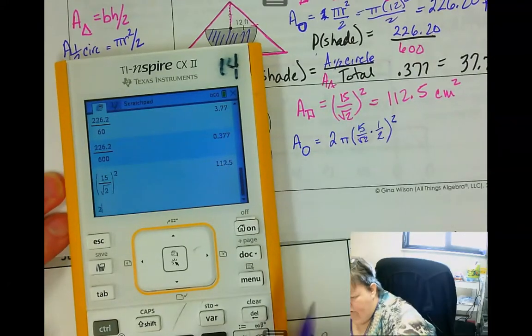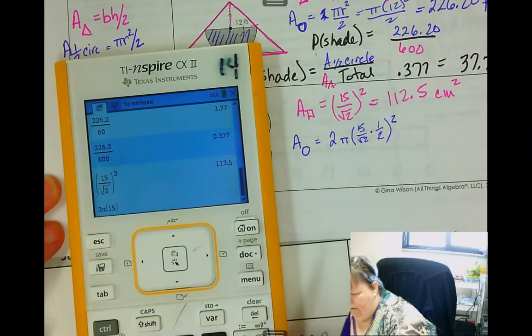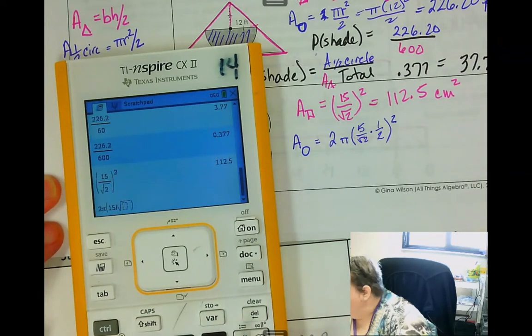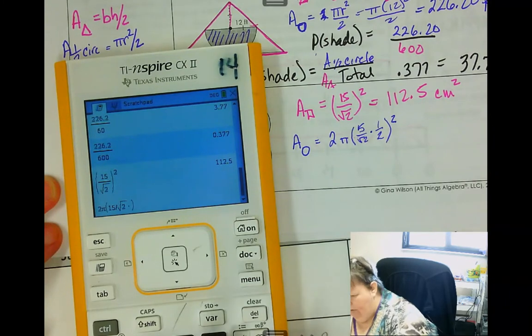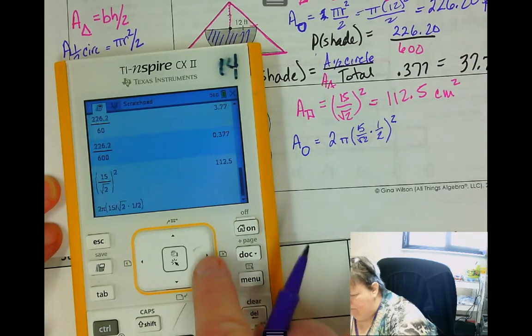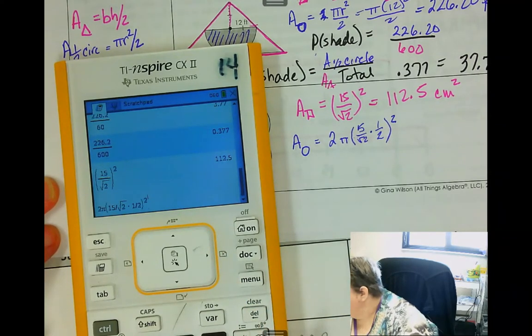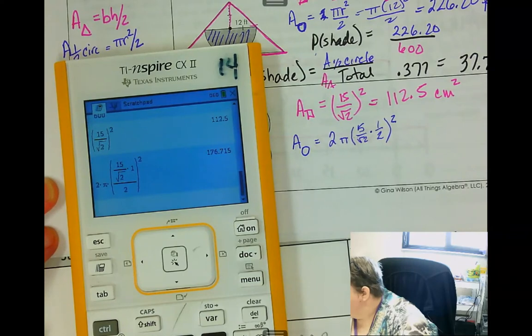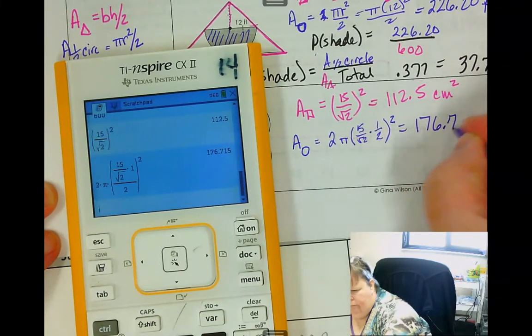So let's put that in our calculator. 2 pi times parentheses 15 divided by the square root of 2 times 1 divided by 2 squared. Okay, 176.72.